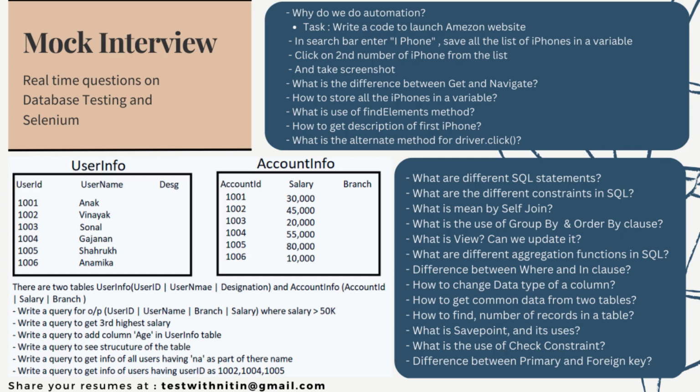When we apply the primary key to a particular column, the data stored in that column is not duplicate, it's not null, and it's unique data, and we can use it once in a table. And the foreign key can be multiple in a table. Duplication is also not allowed, and null values are not allowed.